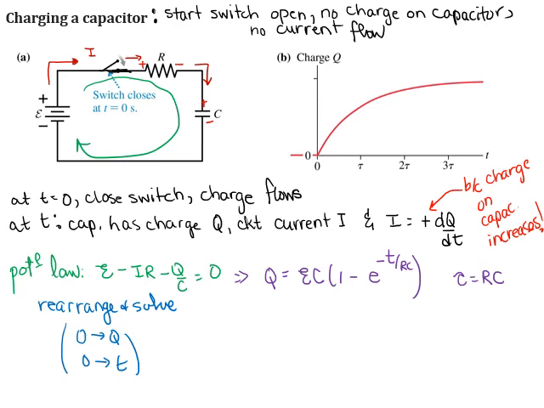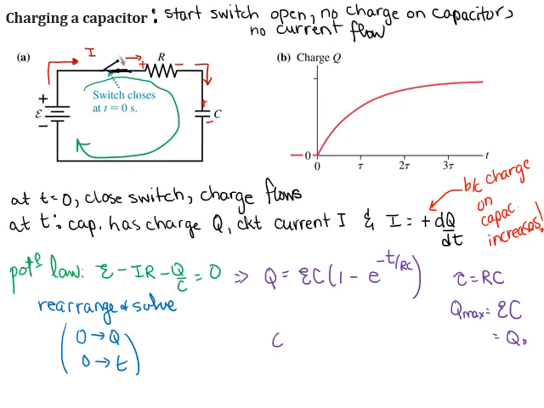And we're also going to notice that we have epsilon times C, the potential times the capacitance. That's the maximum charge. In terms of our previous problem, that would have been Q0. So our maximum charge is, we might call it Q maximum for this problem, or Q0 to keep with the notation of the previous problem.